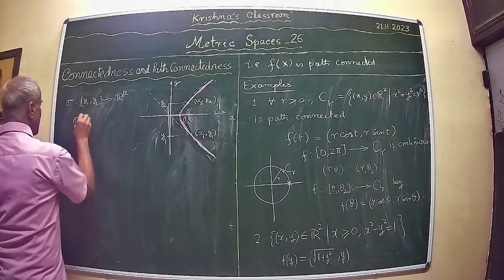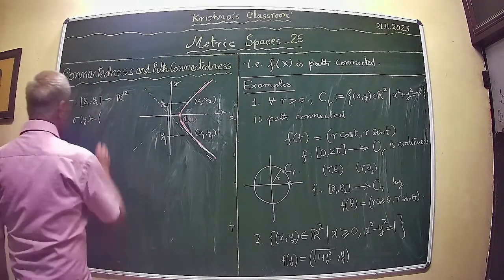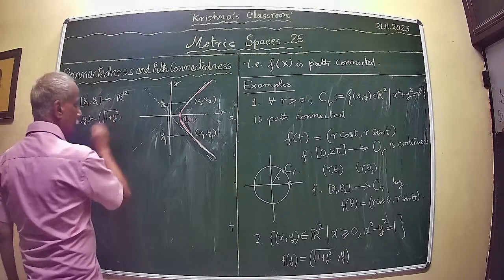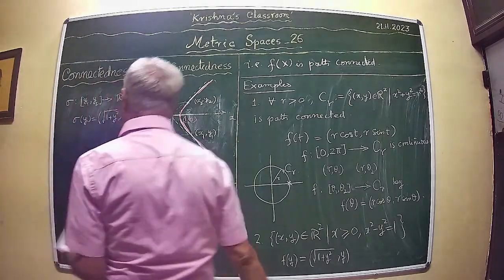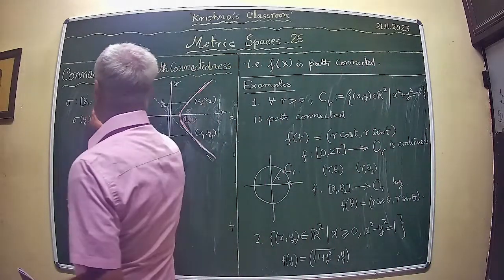Sigma of y equal to the root of 1 plus y square, comma y. This is continuous.